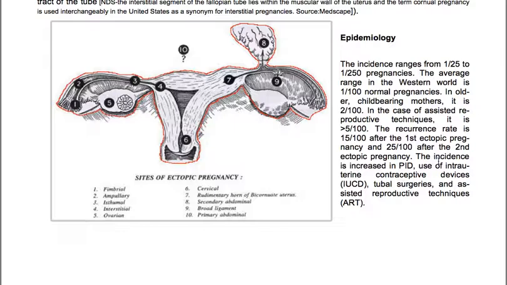The recurrence rate is 15/100 after the first ectopic pregnancy and 25/100 after the second. The incidence is increased in pelvic inflammatory disease, use of intrauterine contraceptive devices, tubal surgeries, and assisted reproductive techniques.